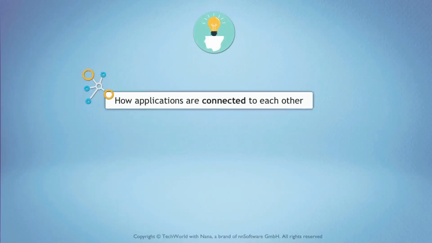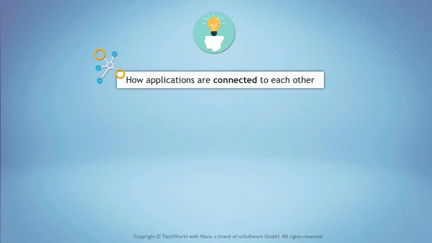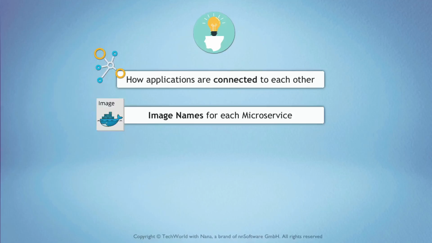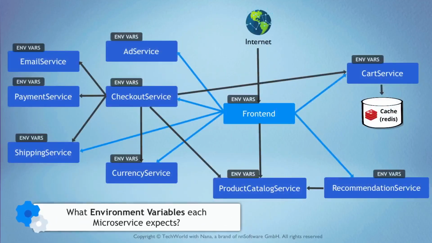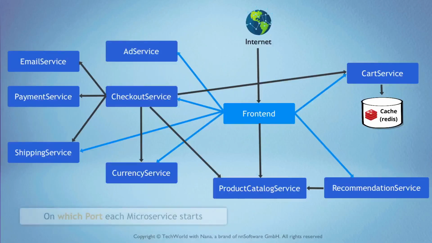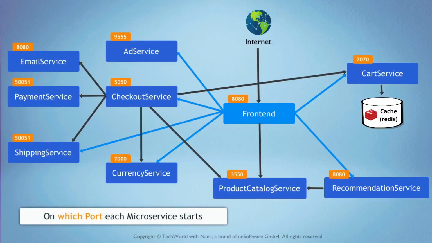As a second step, obviously we need to know the image names for each microservice and what environment variables each microservice expects, because we have to provide the values to those environment variables. We also need to know on which port each service starts, because we're going to have to define that in the configuration files for deployment, but also for a service to be able to connect to the application inside the pod.